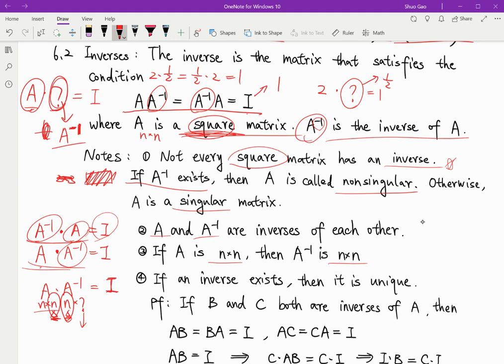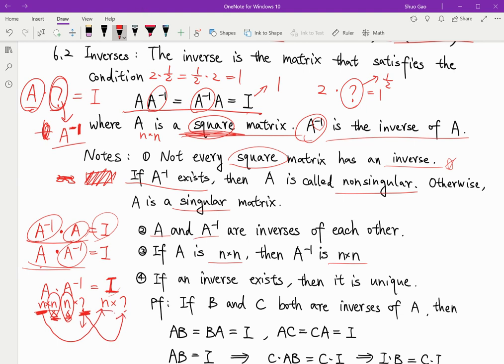We also know that the dimension of the resulting matrix should be the row dimension of the first matrix and the column dimension of the second matrix, right?